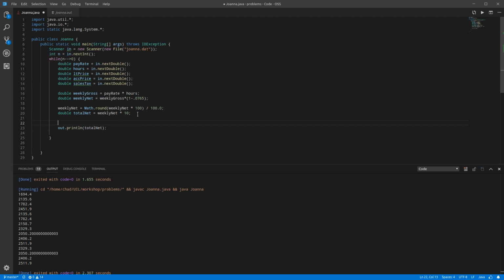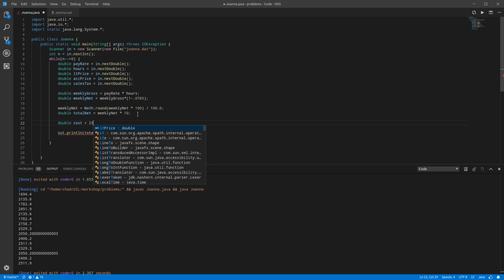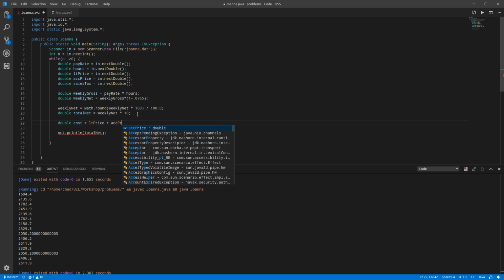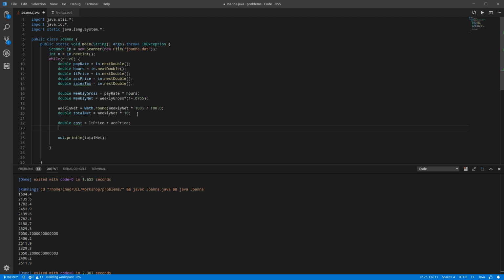All right, so let's see here. Double cost equals laptop price plus accessory price. And we want to multiply that by the sales tax, but the sales tax is actually like 8.25. We want it as 8.25%.